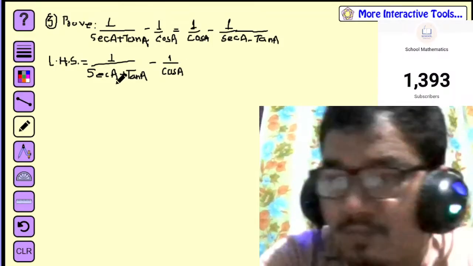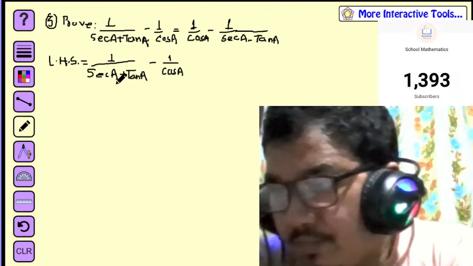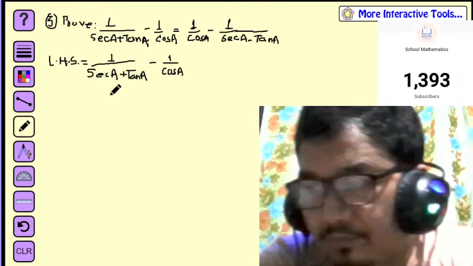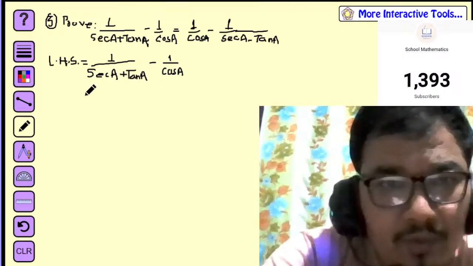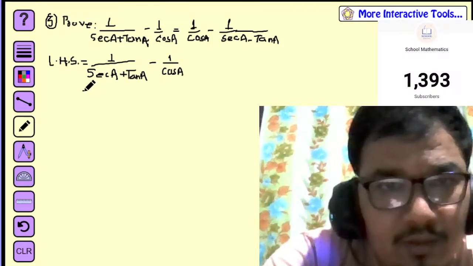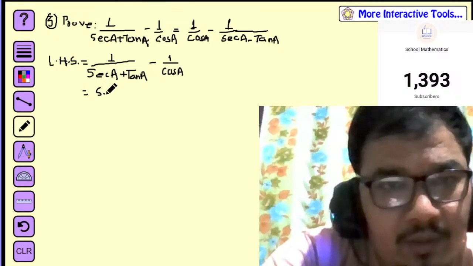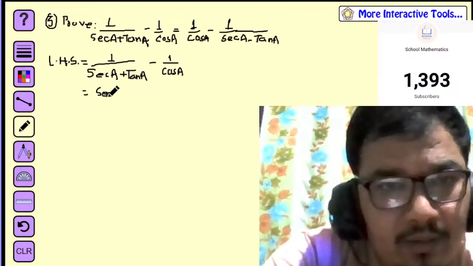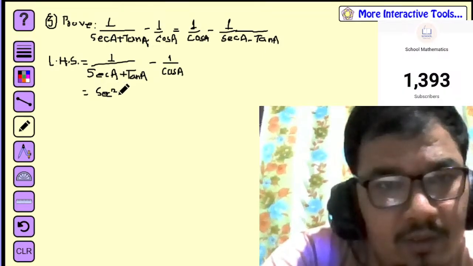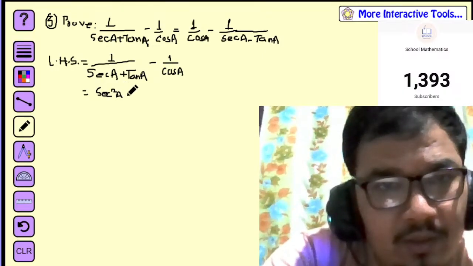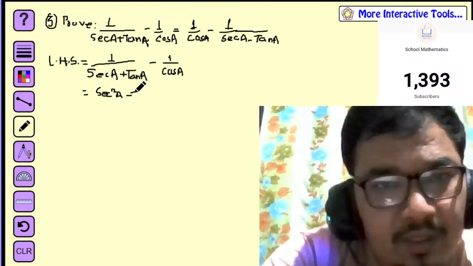After this, what you need to do here, we know this one: sec square a minus tan square a, we can write there.